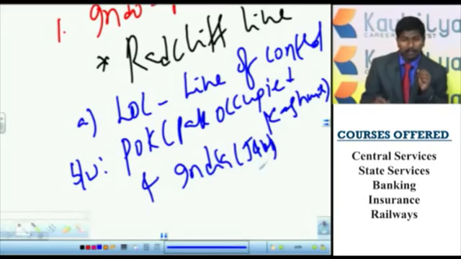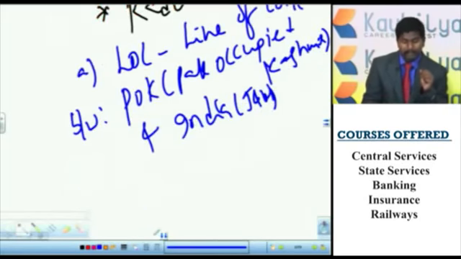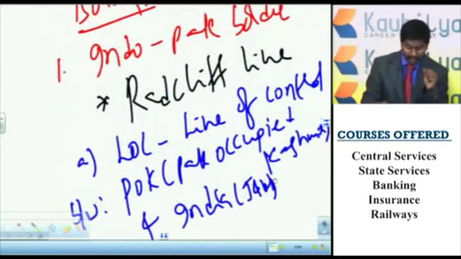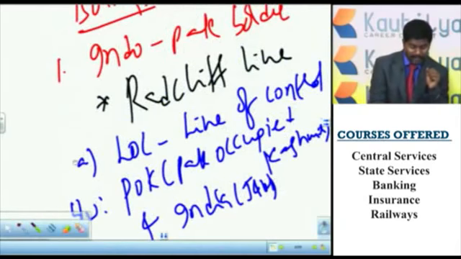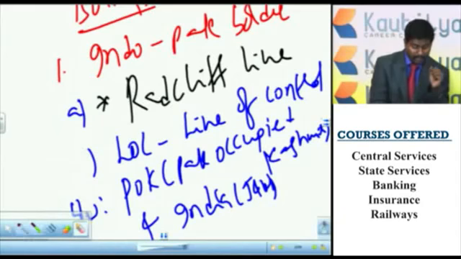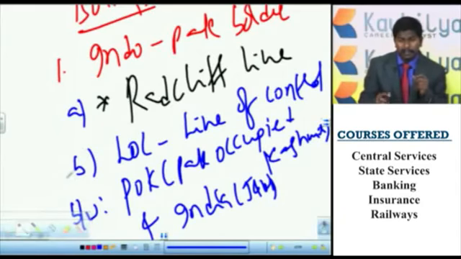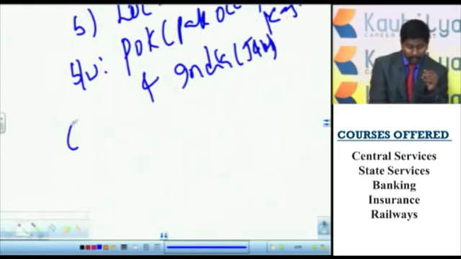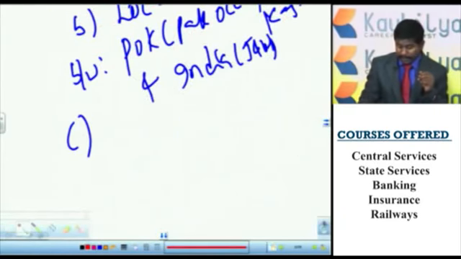So this is one point you have to remember. The border between India and Pakistan can be divided into three parts. Number one, the official border, that is the Radcliffe line. Second, the border between Pak occupied Kashmir and the remaining part of Jammu and Kashmir. And the third border is the maritime border.